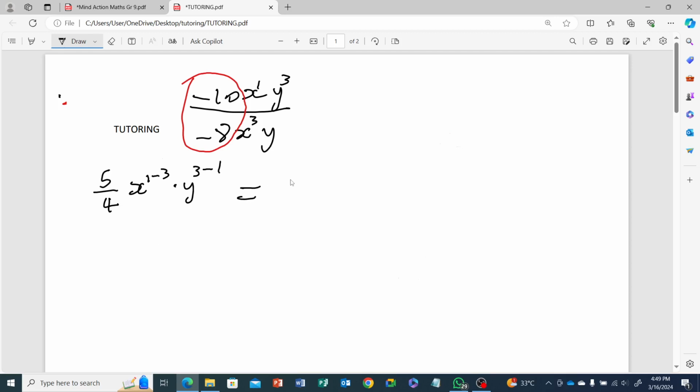Okay, now let us simplify those exponents. You have x to the negative exponent times y squared. But you are not allowed to leave your answers with a negative exponent. So how are you going to deal with this? To write this in a proper way, it's going to be 5y squared divided by 4x squared.